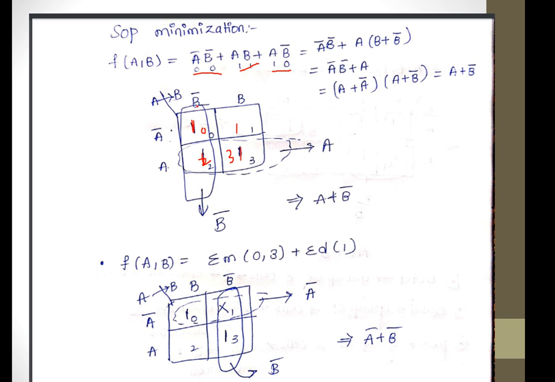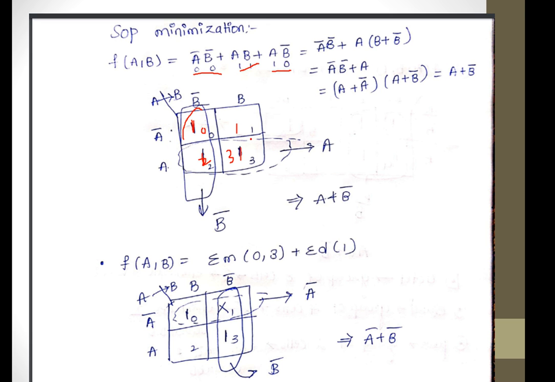So these two form a pair, and these two form a pair. If you observe these two, A bar and A is different, so you need not take this term, and this will be one pair. Here I am having B bar, that's why I am taking B bar.